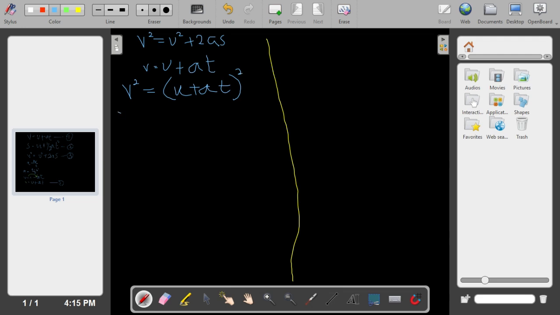So that gives you v squared equals, this is u plus at, then another u plus at. This is a u, not v. Another u plus at.